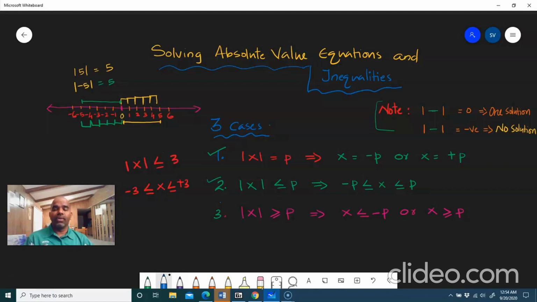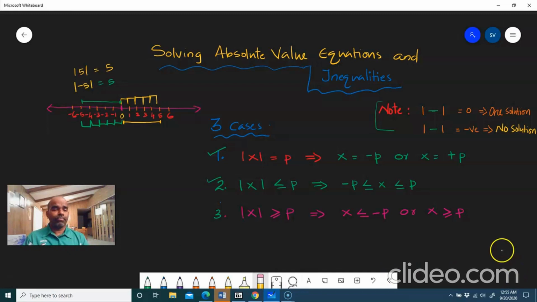Absolute value of x is greater than or equal to p means x is less than or equal to negative p, or x is greater than or equal to positive p. So we can follow this information to solve the inequalities and the absolute value equations. Let me explain these rules with some basic problems.